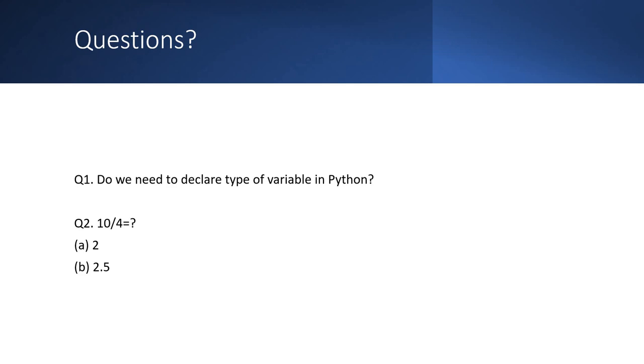If we want to use any variable, do we need to declare its type like integer, character, float, exclusively or not? So your answer should be yes or no. For that, I would request you to write in the chat box whatever your answer is. Do we need to declare the type of a variable in Python? Just let me know.